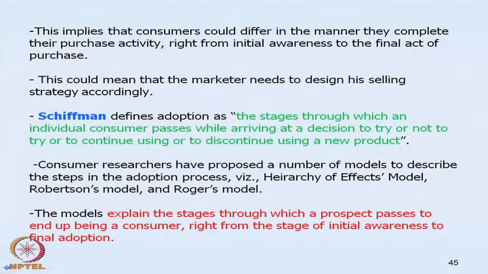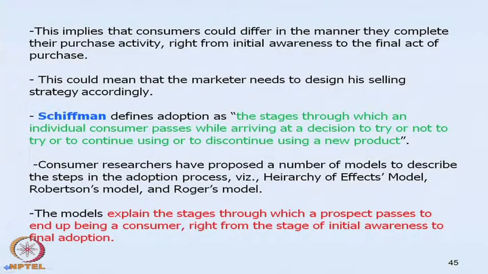Now, Schiffman has defined adoption as the stages through which an individual passes while arriving at a decision to try or not to try, or to continue or discontinue using a product.